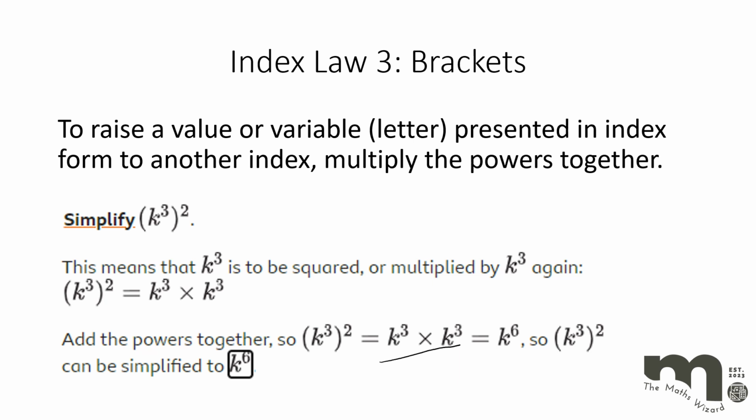So remember, when you are squaring something, it means you're multiplying something by itself. And that's what's happening here with this particular example. So if we multiply out that bracket and we get k to the power 3 times k to the power 3, we can now apply our first index law rule, which is to add those 2 together, which means you get a 6. Or you can just multiply the index number on the inside by the index number on the outside.